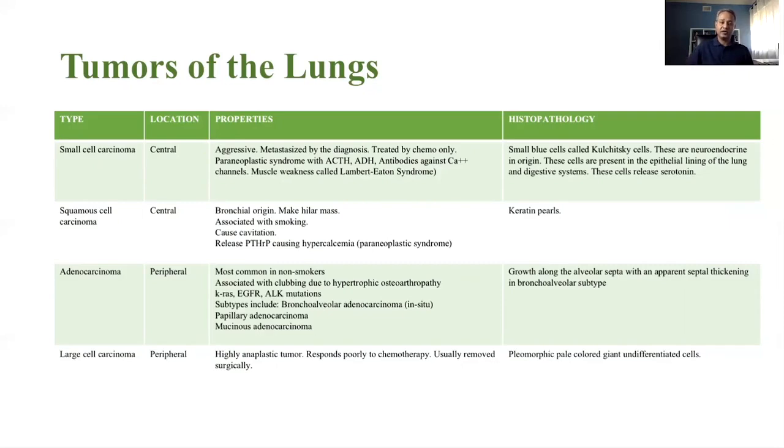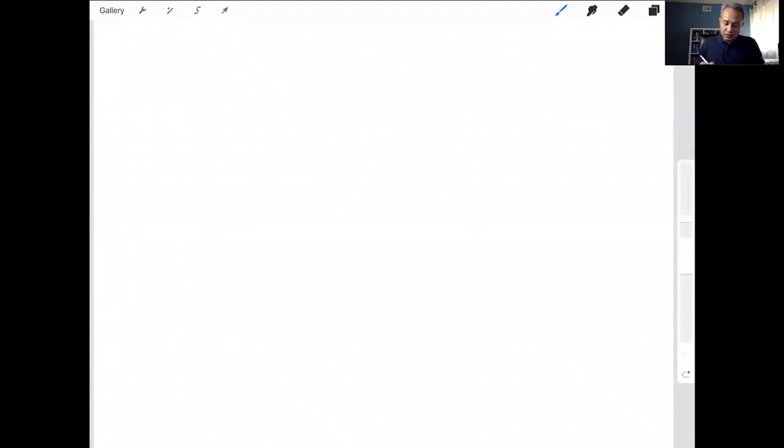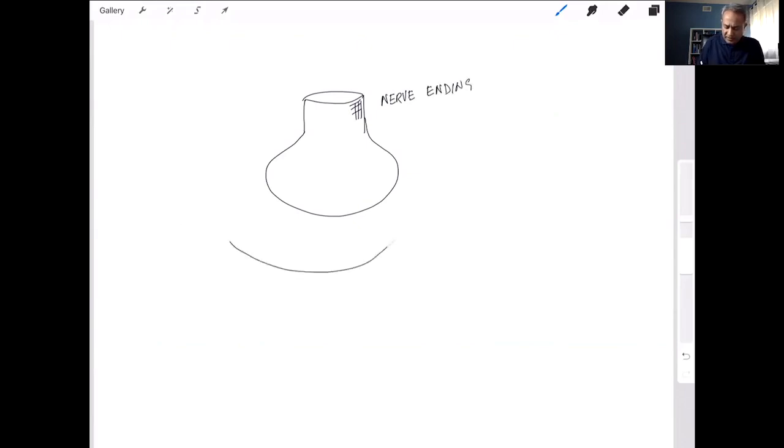So let me show you quickly how that works. Look at this. Let's say this is a neuromuscular junction. This is the nerve. And here is the muscle end plate.